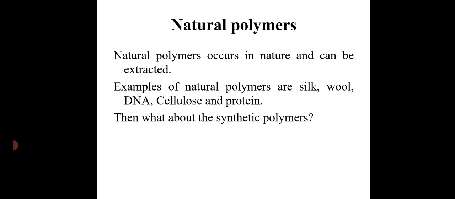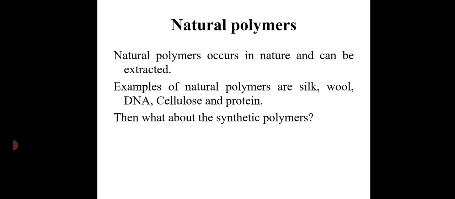The polymers are classified into two: natural polymers and synthetic polymers. What are natural polymers? Natural polymers occur in nature and can be extracted. Examples of natural polymers are DNA, silk, wool, cellulose, and protein.